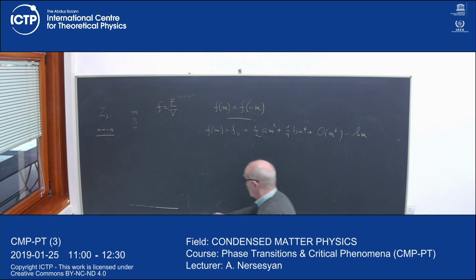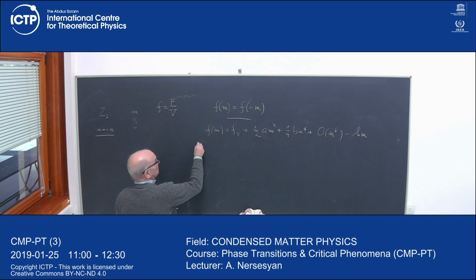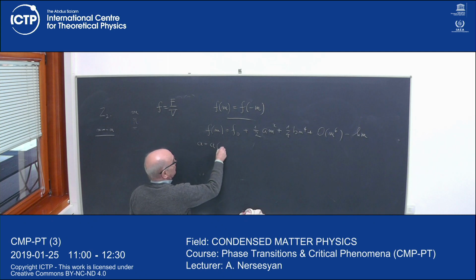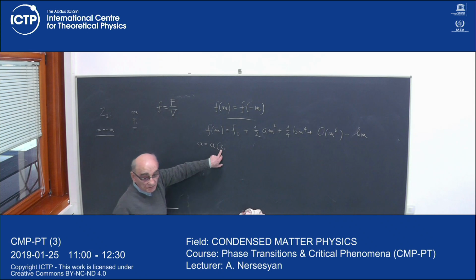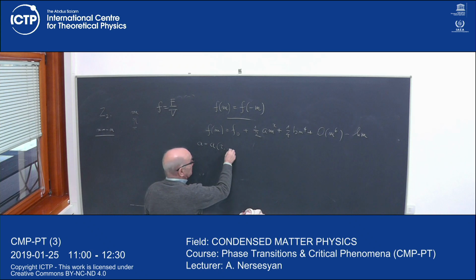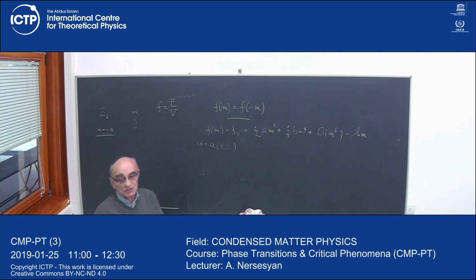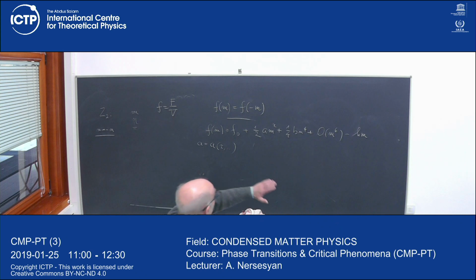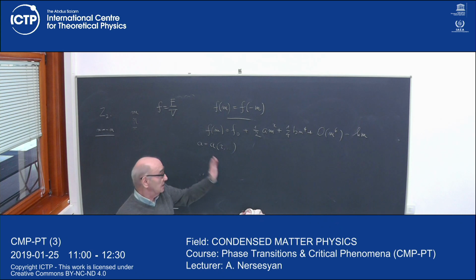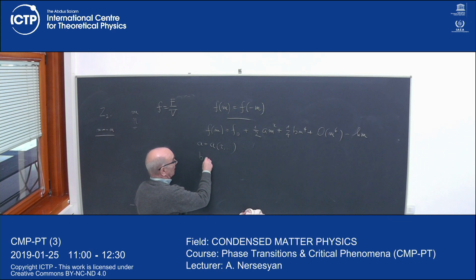Somewhere here, there is hidden information about the fact that the coefficients are functions of this tau, which is a function of the temperature and all other possible external parameters, such as pressure, if you wish. For us, it will be sufficient to keep the pressure fixed. I'm saying all the other parameters fixed and deal only with tau.